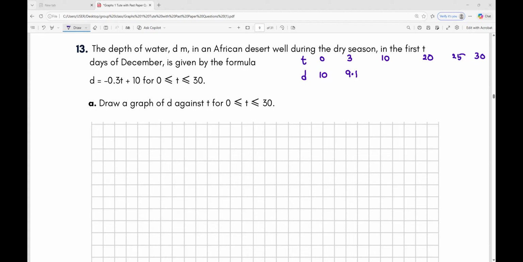Next one, minus 0.3 times 10 is 3, no? Plus 10, 7. Minus 0.3 times 20 plus 10, 4.